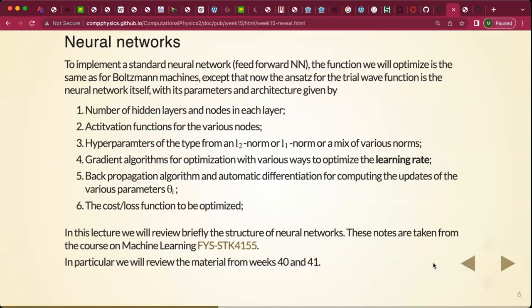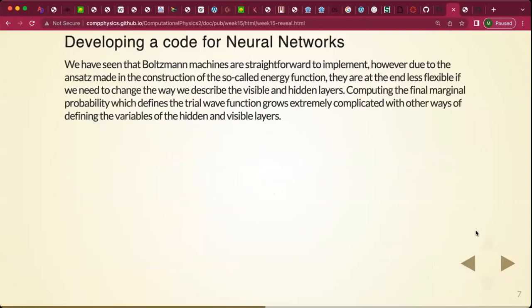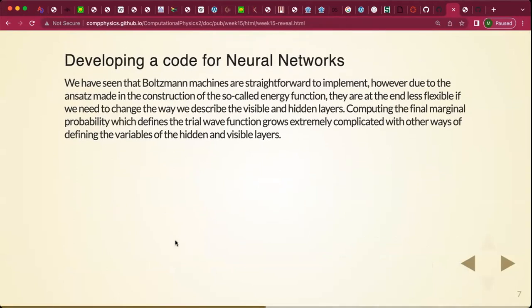Let's now go back to the slides themselves and look at the calculation of a neural network here. When we develop a code for a neural network, the way we implement that is a little bit more difficult.